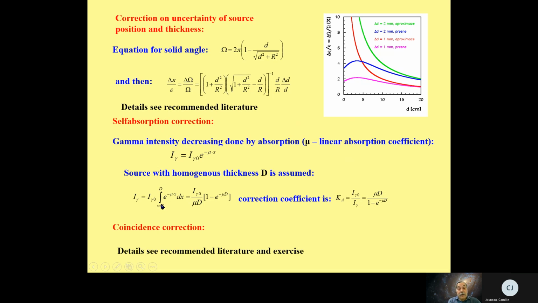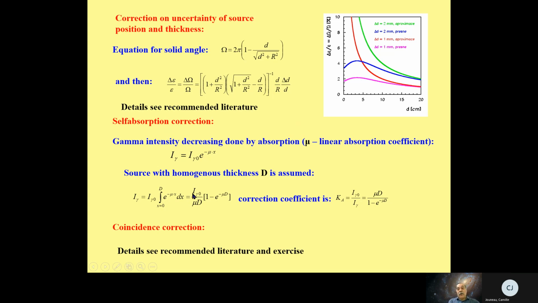That means you have an integration from x0 to d, with the dependency of the gamma on the thickness, and you have to integrate with these limits, and you will obtain this result.